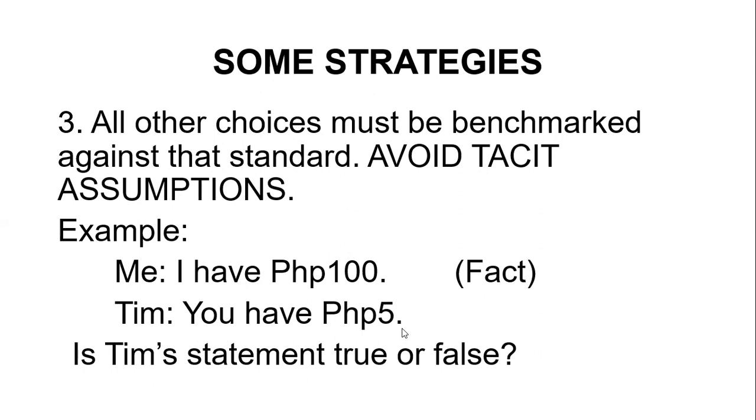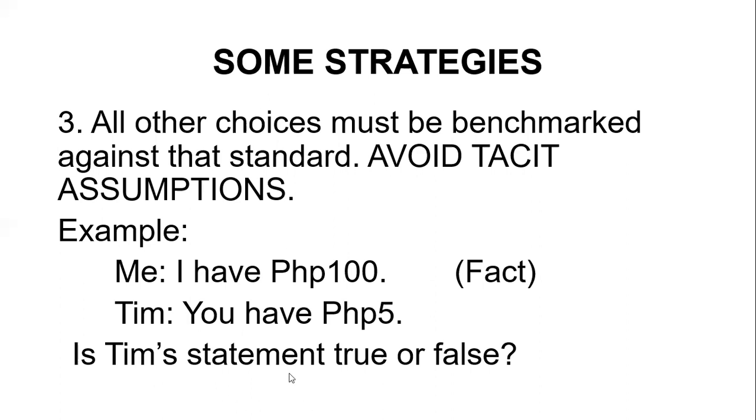Tim's statement is true. It is actually true. Why? Because the fact that I have 100 pesos also implies that I have 5 pesos. If the amount he mentions is less than or equal to 100, that's still true. As long as it's between 0 and not going above 100.